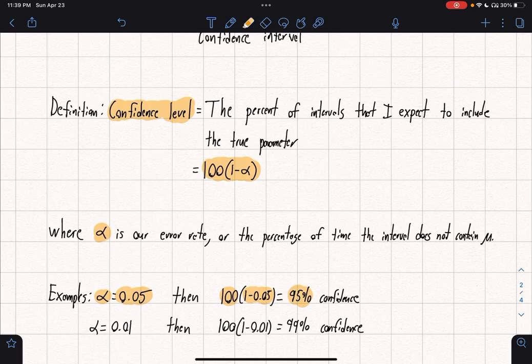So if alpha is 0.05, then we have 95% confidence. Similarly, let's say alpha was 0.01. Well, then our confidence would be 1 minus 0.01 is 0.99, multiply it by 100, and that gives us 99% confidence. So alpha and our confidence will add up to 1.